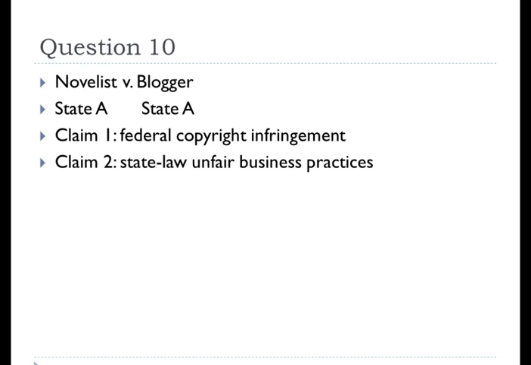And the two claims went along into trial when all of a sudden the legs were cut out from claim number 1 and it was dismissed because it turns out the novelist hadn't in fact filed the copyright properly. So now we are left with claim number 2, which the novelist of course could not have brought against the blogger in federal district court on its own.